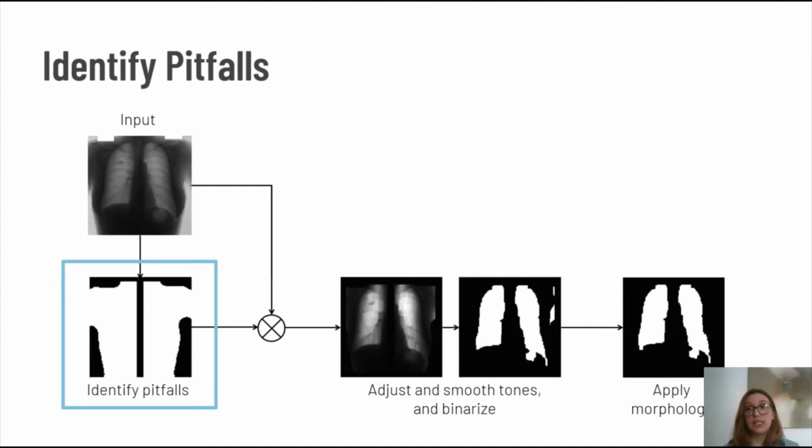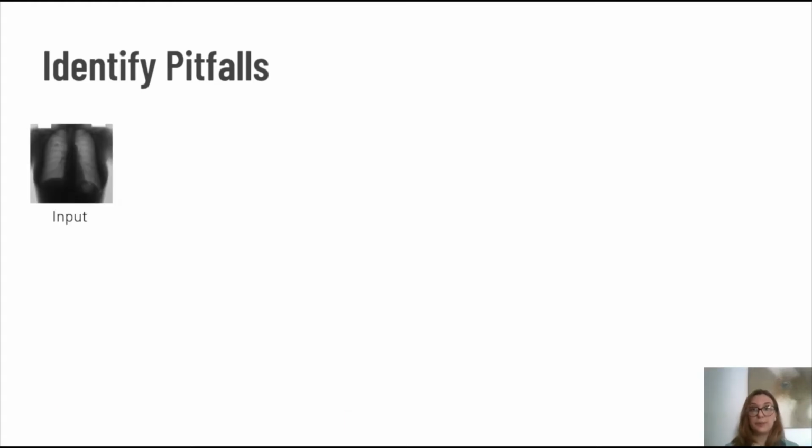The first one is the one that actually contains the highest number of steps inside, that is identifying pitfalls. Well, on this step, we want to eliminate any region that's out of interest. So we produce a mask, a binarized image. The first task will involve the identification of areas that are outside the patient's body, like here and here.